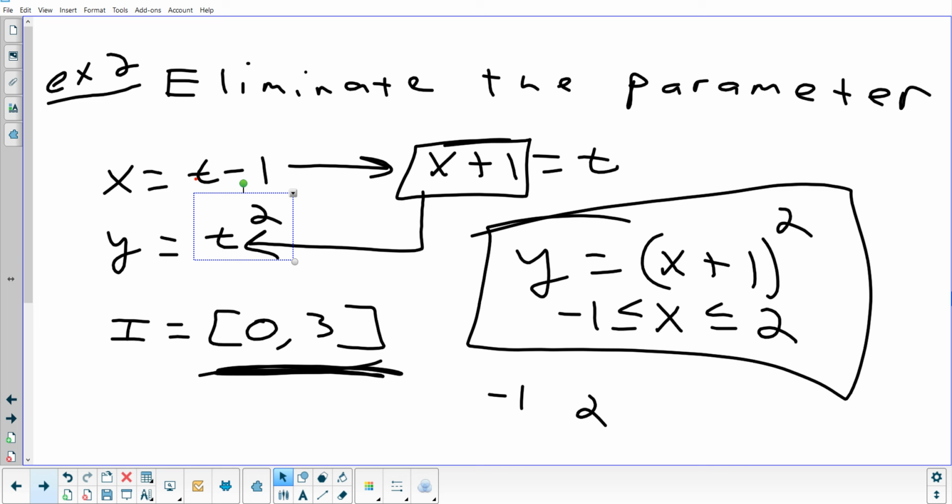You can't plug in 3, you can't plug in -12. Just -1 to 2. Any questions on it? So basically that's converting parametric to function by eliminating the parameter.